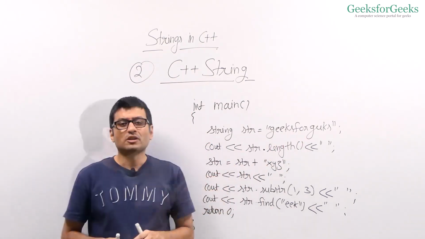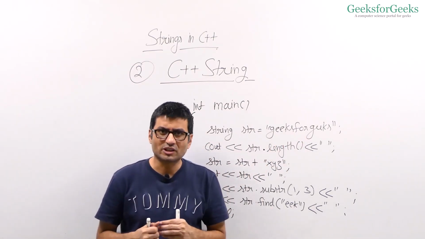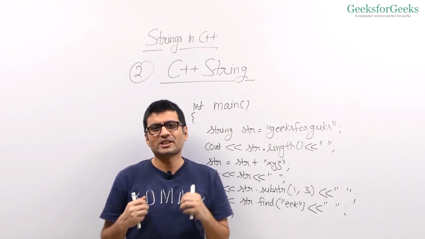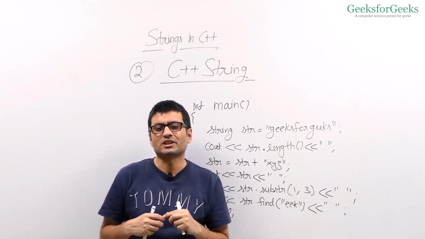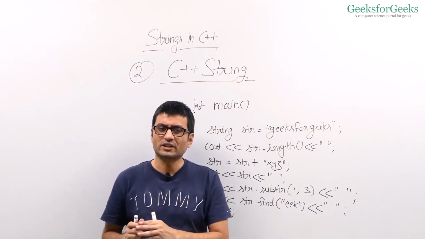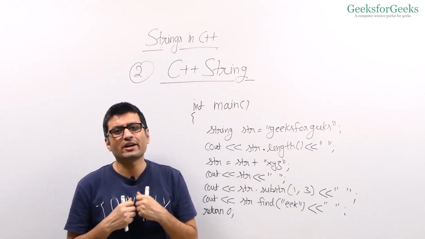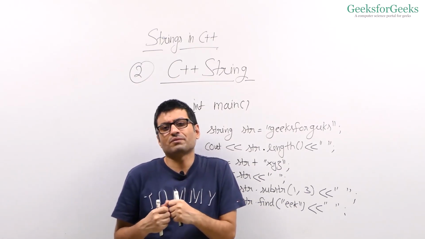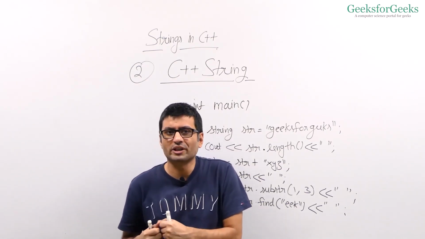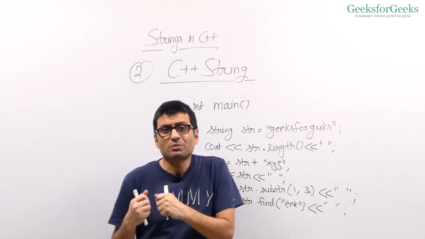Please remember, string is a class in C++. So we are going to discuss classes later in this course, but to give you an idea, a class is something which has data members and functions, and typically data members are accessed through functions. So when we call functions of a class using dot operator, and there's something called object also.